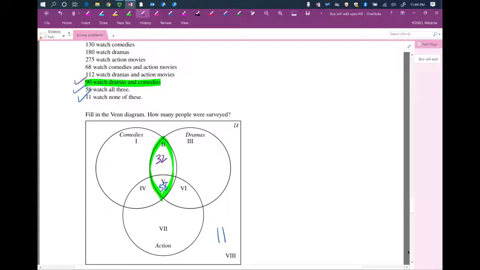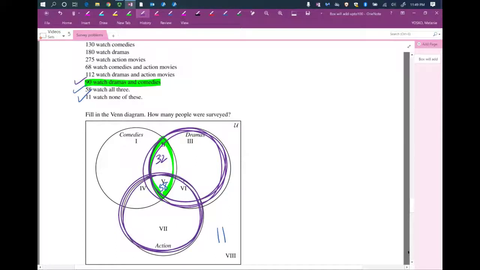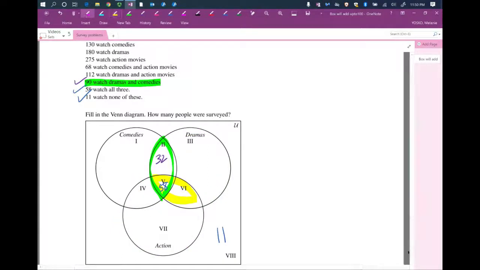Then we see that 112 watch dramas and action. So look at this drama circle, the action circle, and we're going to look at what those 2 regions have in common. Again, you're looking at these 2 pieces right here. So we're looking at region 5 and 6.